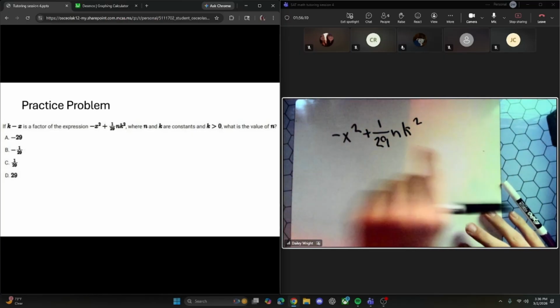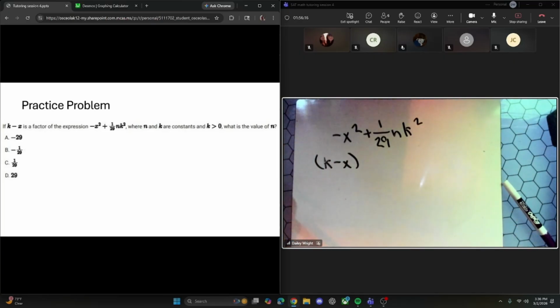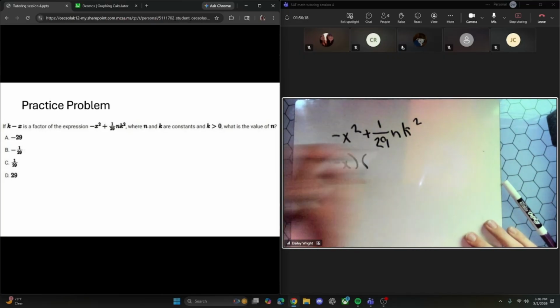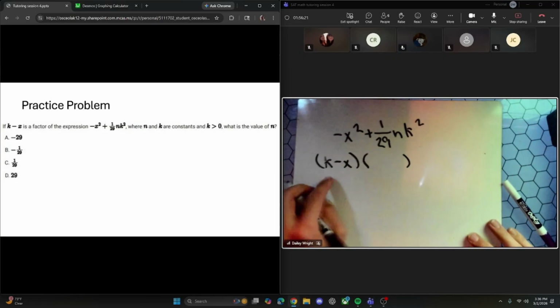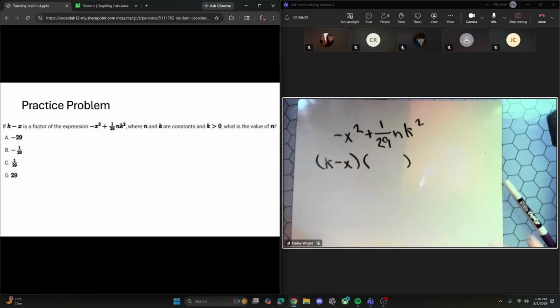So we're given that k minus x is a factor of this. Well, we know there can't just be one factor, because if k minus x were the only factor, then that expression would be k minus x. So k minus x must be multiplied by something else for it to be equal to that expression.